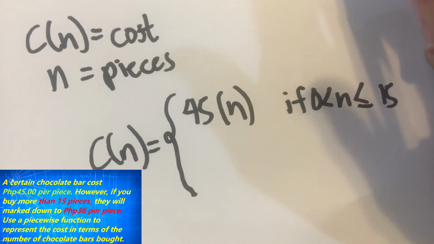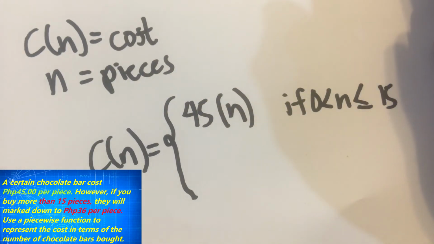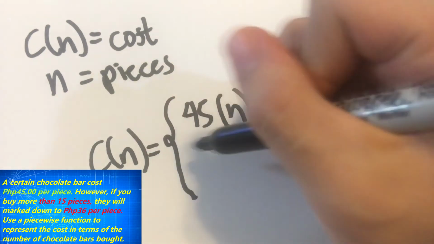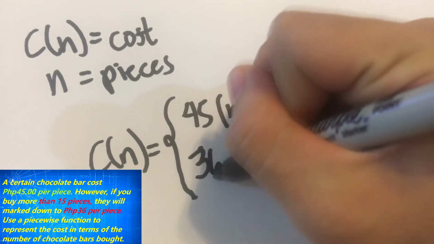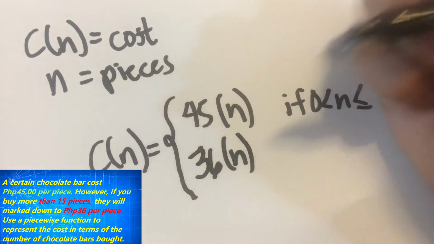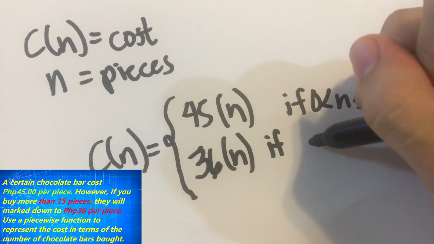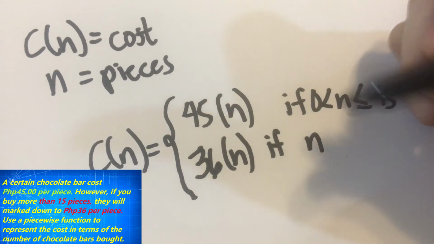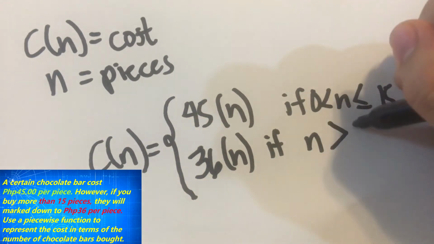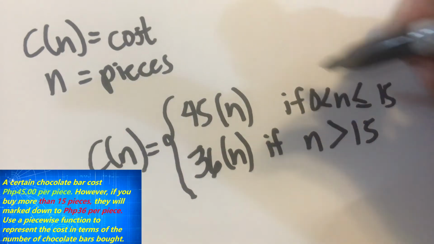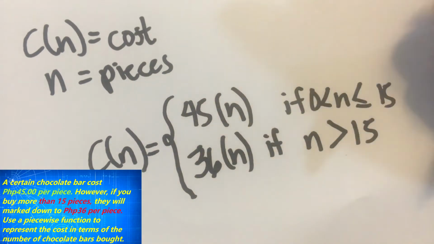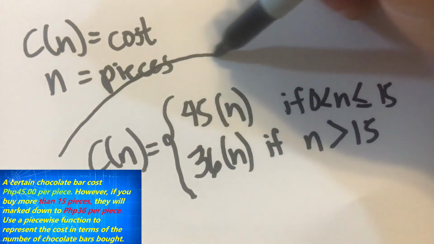Then it says here, however, if you buy more than 15 pieces, they will be marked down to a price of 36 pesos. So 36 pesos multiplied by the number of chocolates, if and only if the number of chocolates you will buy is greater than 15, or more than 15. So here we have our piecewise function model for the problem.